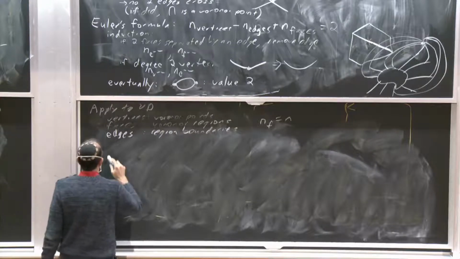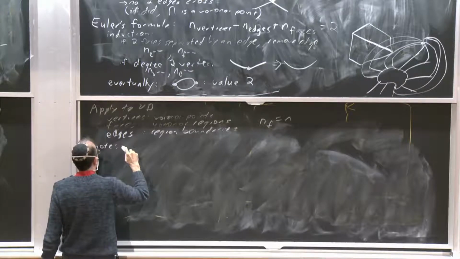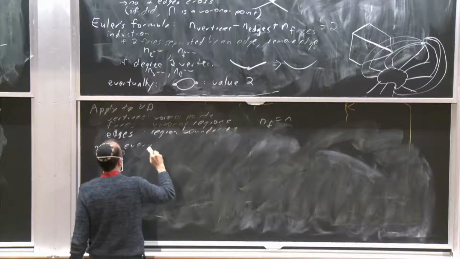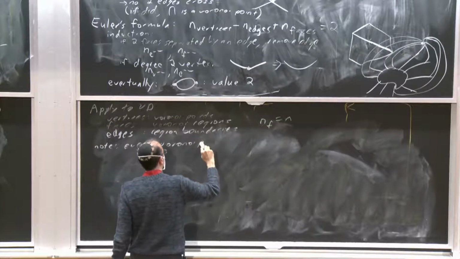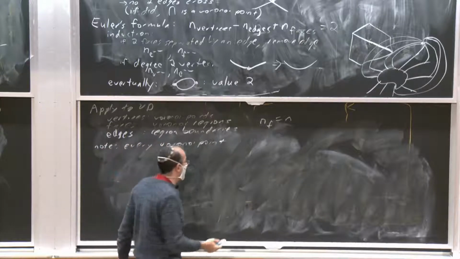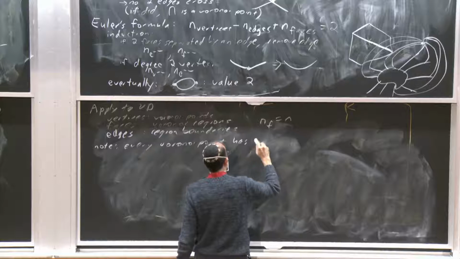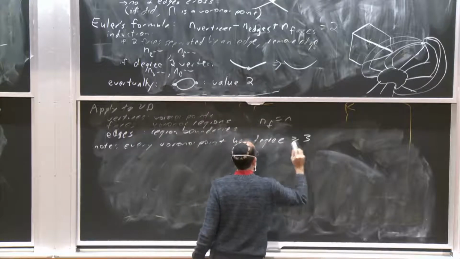Now we can also notice that every Voronoi point, which is to say every vertex of this graph, has degree at least 3.